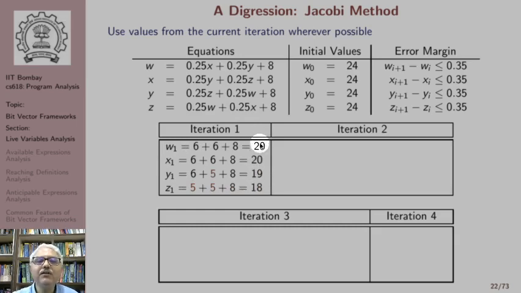Note that in the Gauss-Seidel method we got all these values as 20, whereas here we got the first two values as 20, and y1 is 19 and z1 is 18. This suggests that we might be able to converge faster on the solution than we would if we were to use the Gauss-Seidel method, because we are using the latest values wherever it is possible to do so.